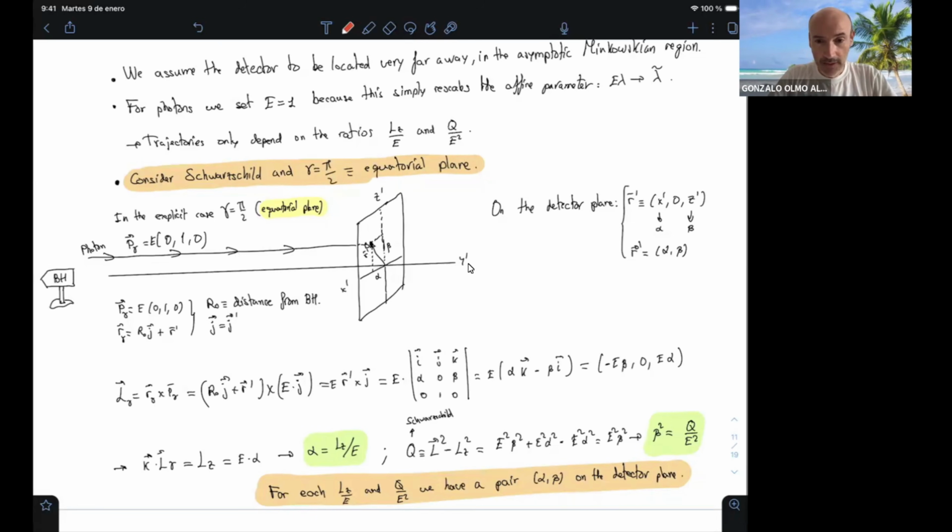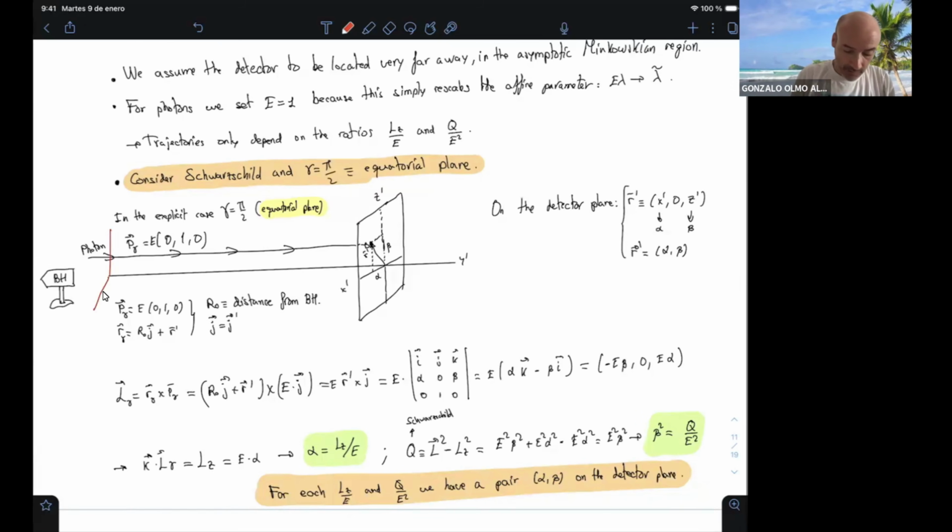And here I'm using Cartesian coordinates, and I'm aligning the axes in such a way that the light rays propagate in the y direction. Actually, the black hole is over here in that direction. And the black hole will have a similar axis. Let's do it like this.